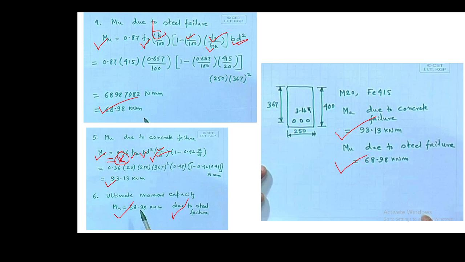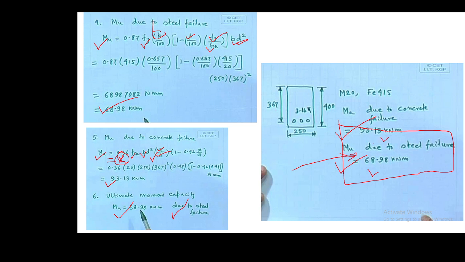Okay, so I will explain. There are these two different values. For solving the question, it is okay, we got the answers, our work is done. But in real practice, when you are designing a beam or a slab, anything, the Mu by concrete failure and the steel failure should be very close to each other.